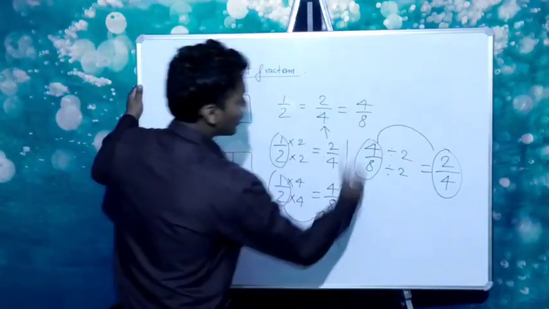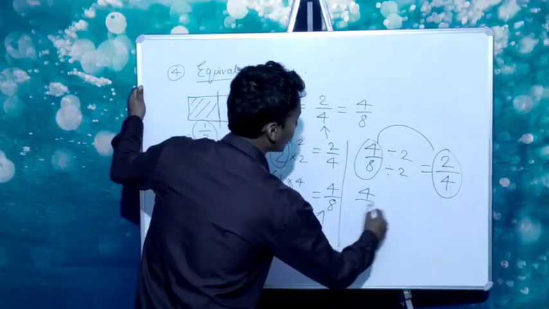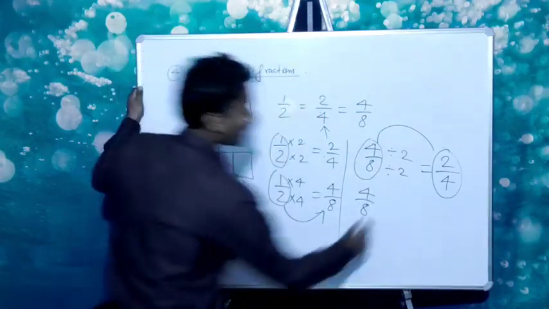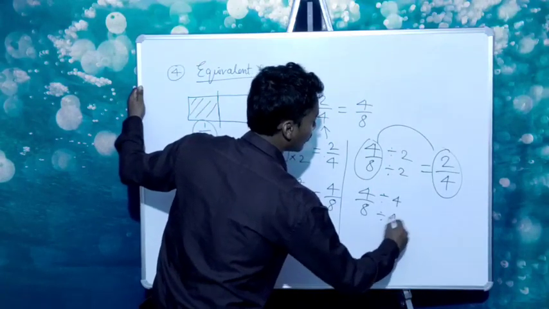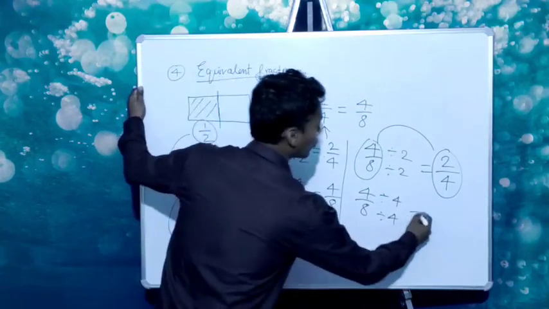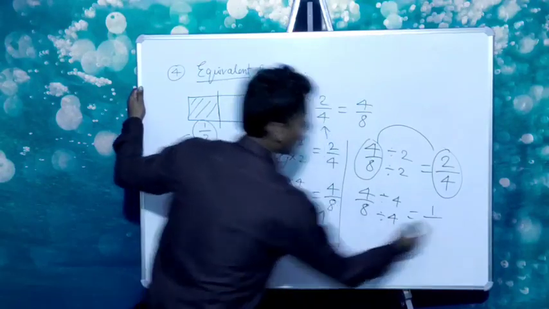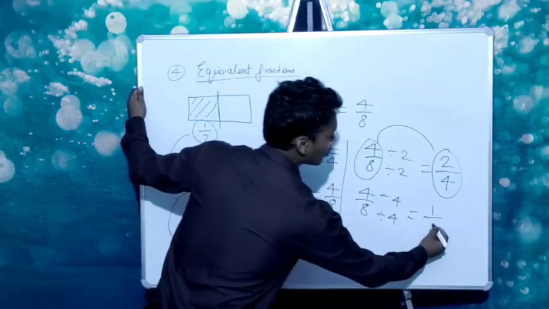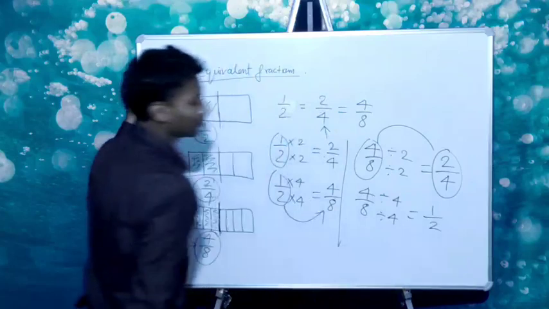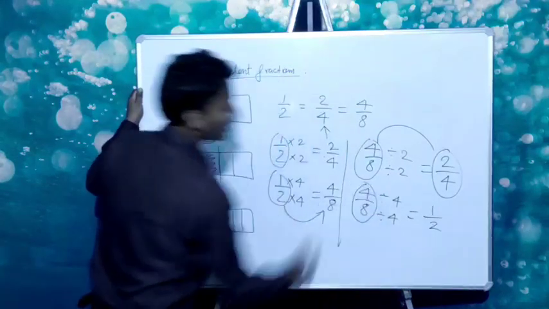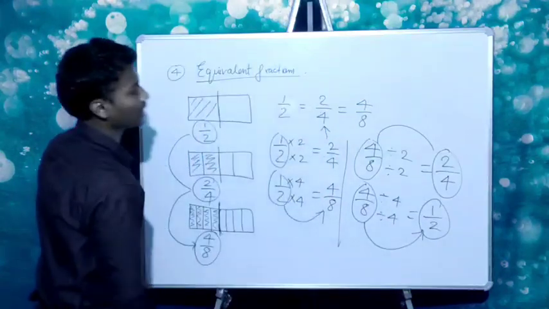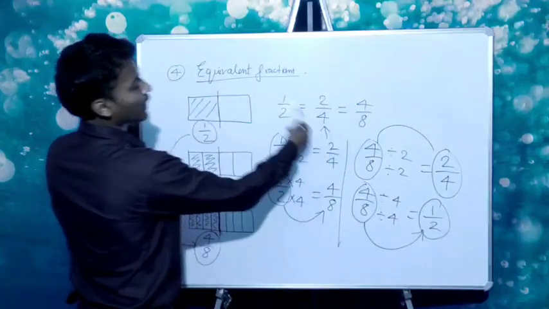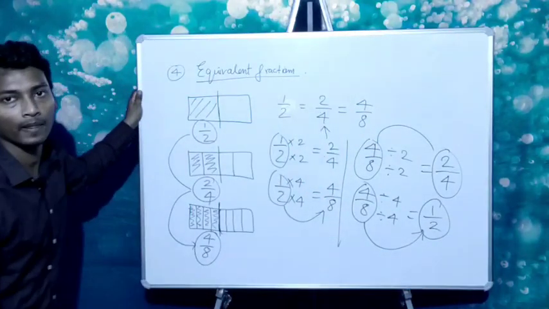So let's divide each of them by 4 and 4. 4 divided by 4 gives you 1 and 8 divided by 4 gives you 2. So here again you see that 4/8 is converted to its equivalent fraction, that is 1/2, right? 1/2 is equal to 4/8, 1/2 is equal to 2/4.